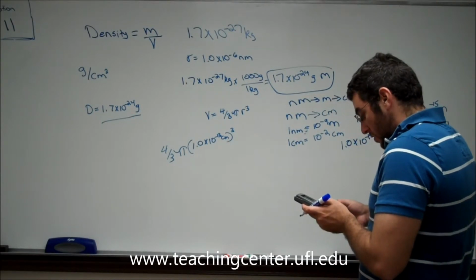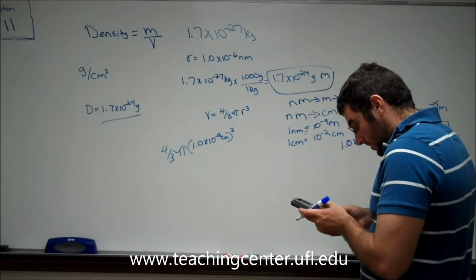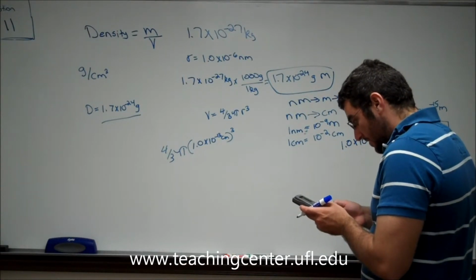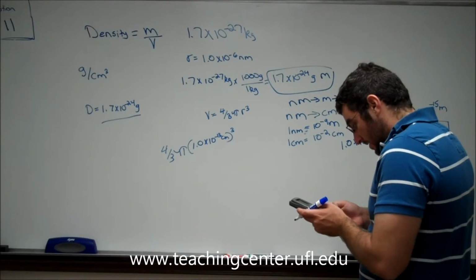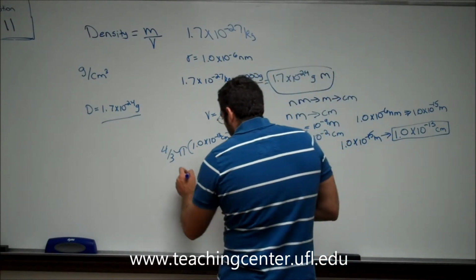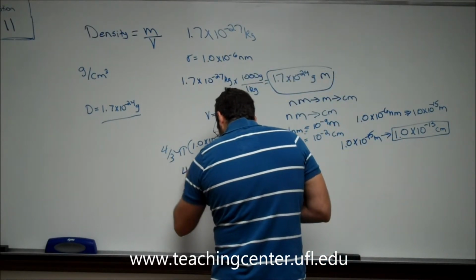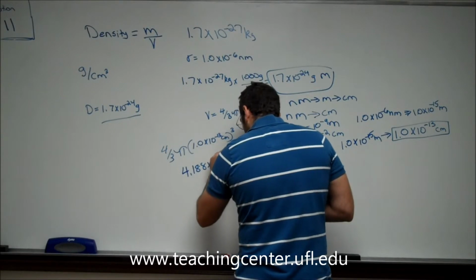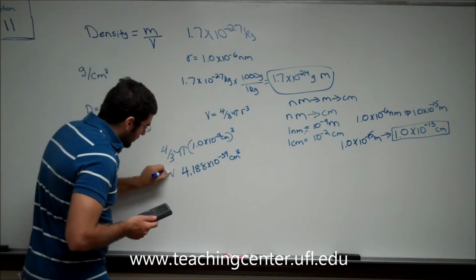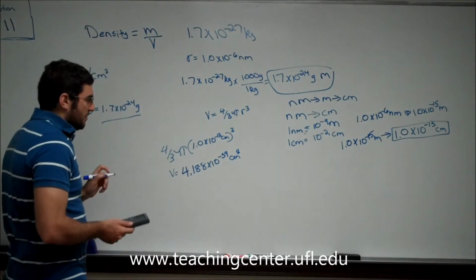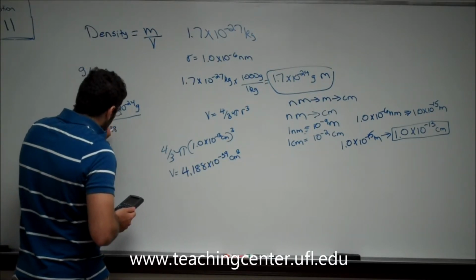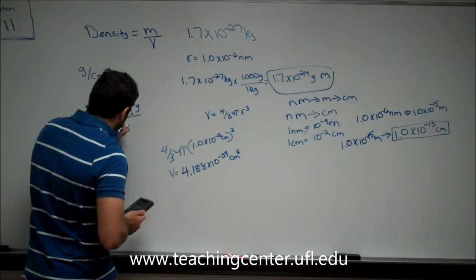So we have 1.0 to the negative 13 cubed times pi times 4 divided by 3, which gives us 4.188 times 10 to the minus 39 cubic centimeters. So, let's go ahead and take our volume, 4.188 times 10 to the minus 39 cubic centimeters, and plug it in our equation here.